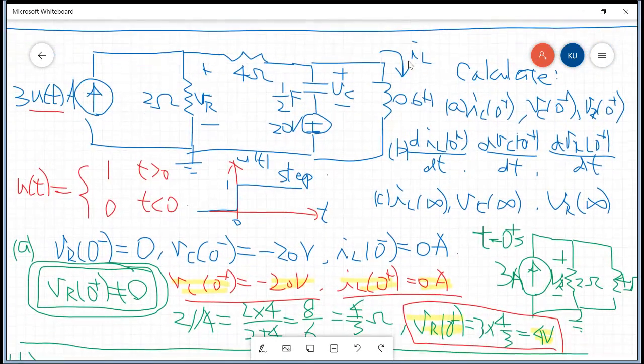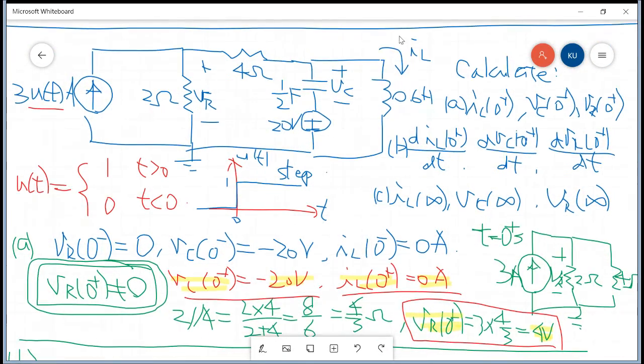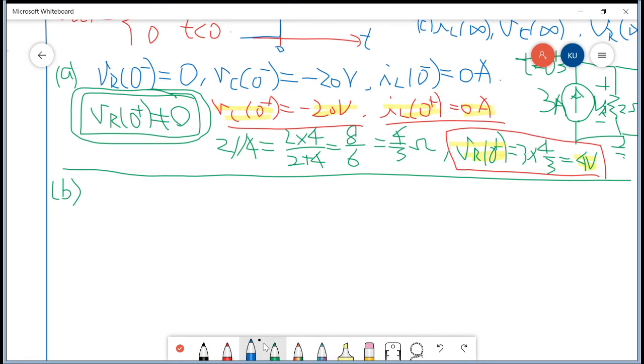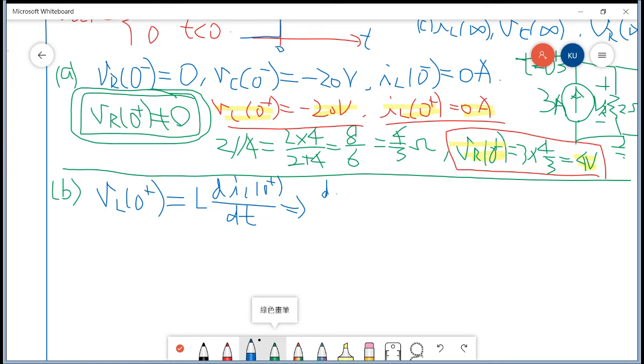This is an inductor, which means that it will satisfy VL(0+) = L dIL(0+)/dt. So we can get dIL(0+)/dt equals 1 over L times VL(0+).